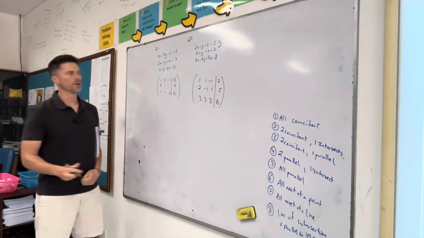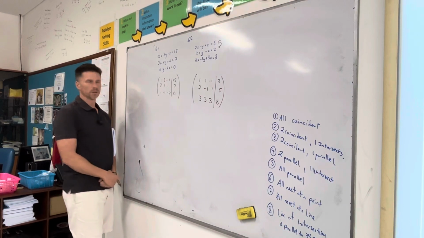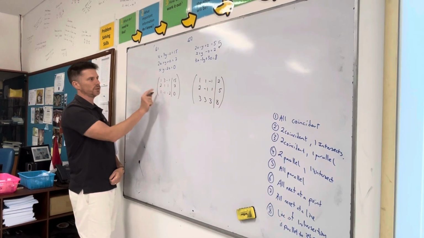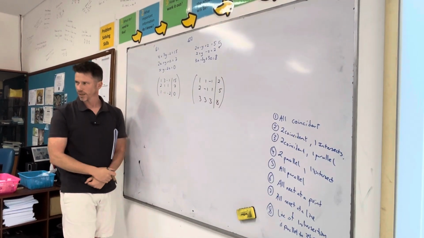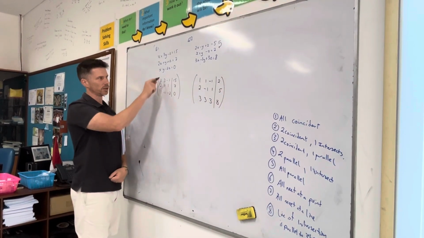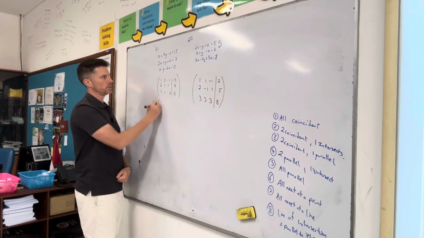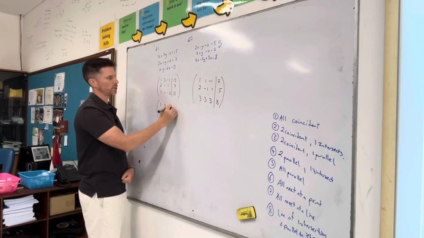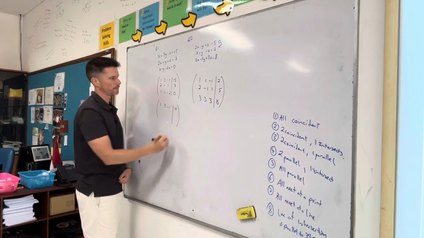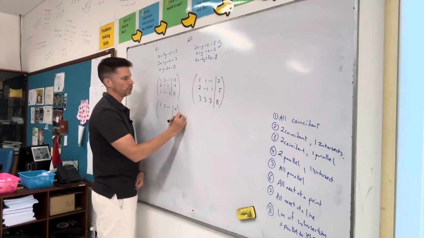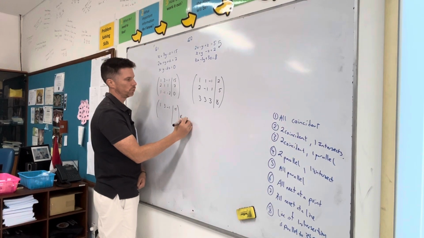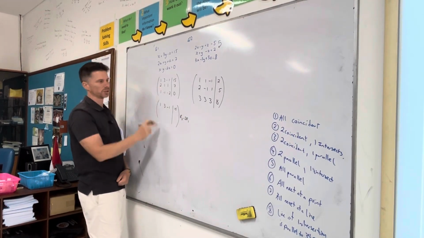So let's remember how to do row reduction. What's my next step to get rid of the 2 in this one? I want to get rid of the 2, and then I want to get rid of the 1. I'll rewrite again, and I'll do this column first: 1, 3, minus 1, and 15. Row 2, take away twice row 1, will leave me with a 0 in this position.